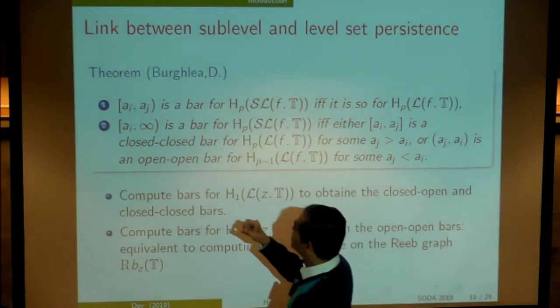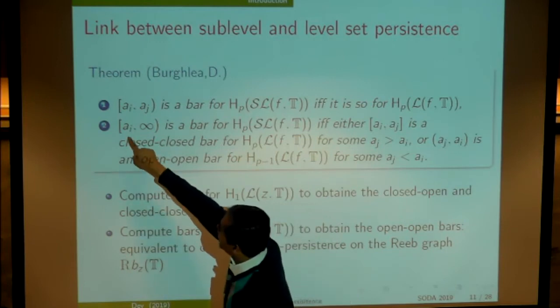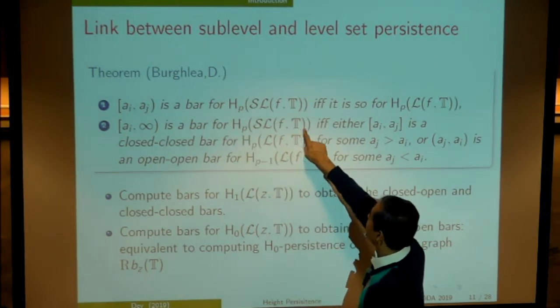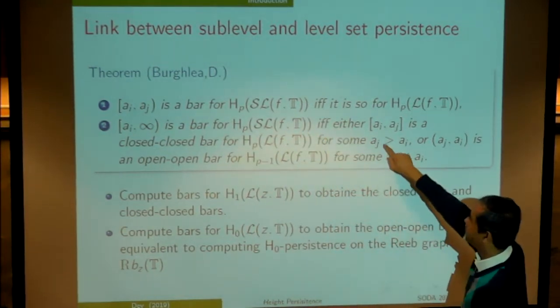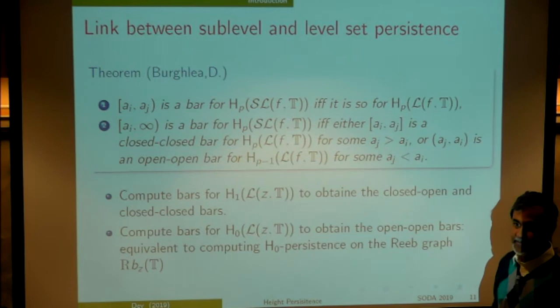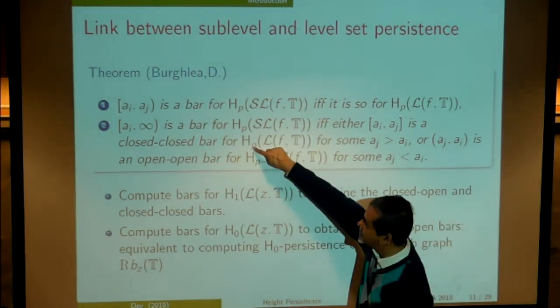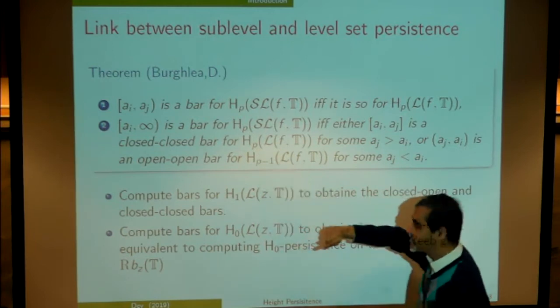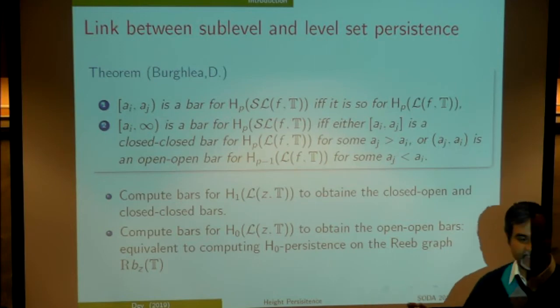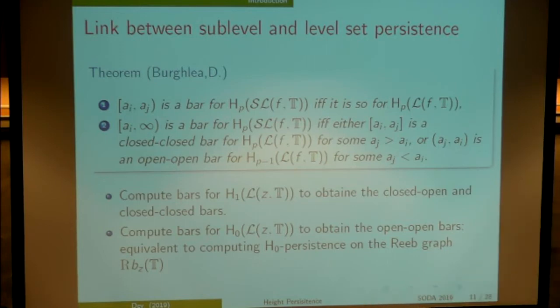So it happens to be that an infinite bar for the sublevel set, the standard persistence, is either of this type, that it is a closed bar where Aj is greater than Ai in the same dimension, pth dimension homology. But the interesting case is that, or it is an open bar in a 1-dimensional lower homology. So any infinite bar in the standard persistence is either a closed bar in the same dimension, or is an open bar in one dimension lower.